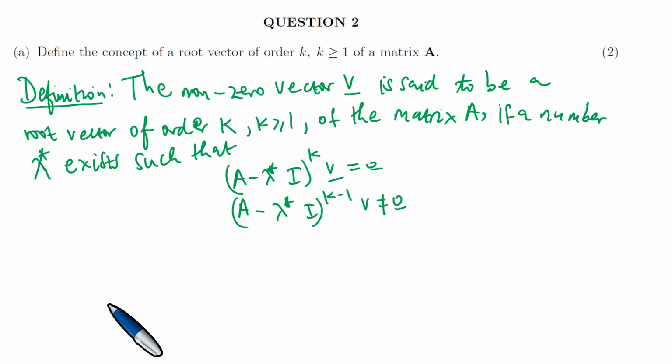So in other words, the non-zero vector V is said to be a root vector of order k if a number lambda star exists such that this matrix equation is true, equal to the zero vector, but also if you subtract 1 from k, the times the vector V is not 0.